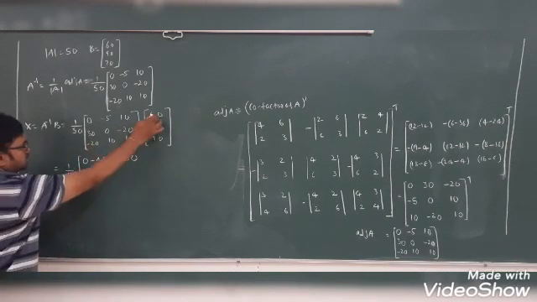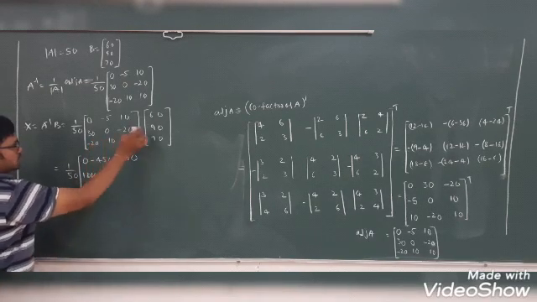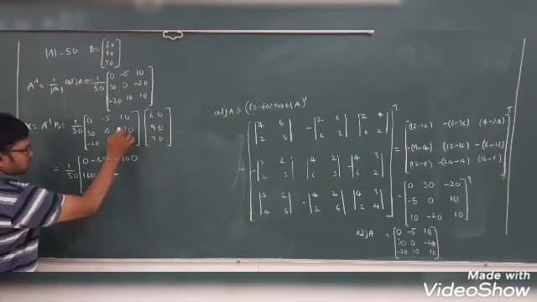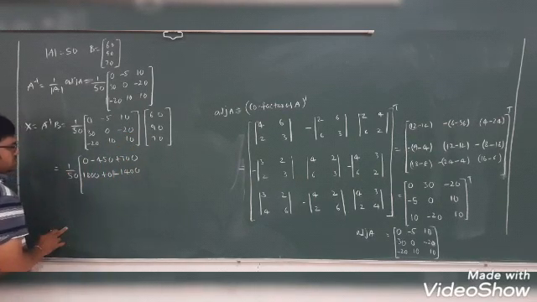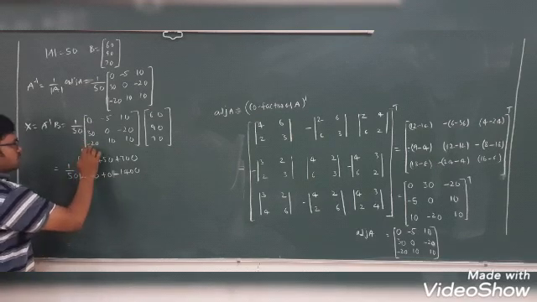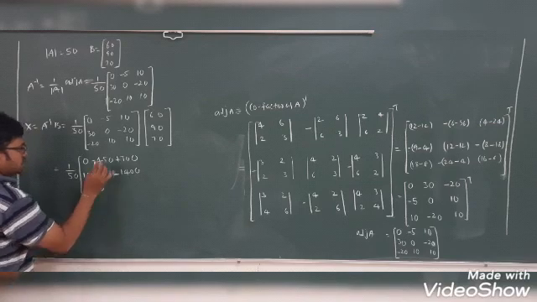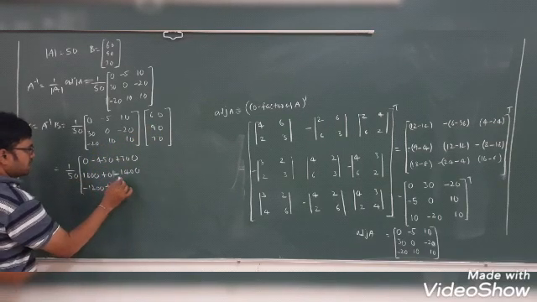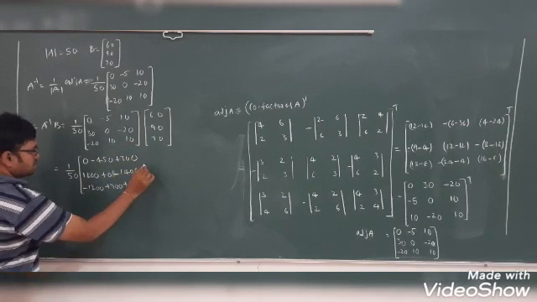Next, 30 into 60, 1800, plus 0 into 90, 0, and minus 20 into 70, minus 1400. Next, minus 20 into 60, minus 1200, and 10 into 90, 900, plus 10 into 70, 700.